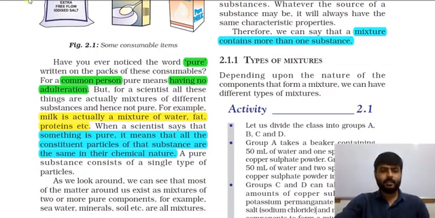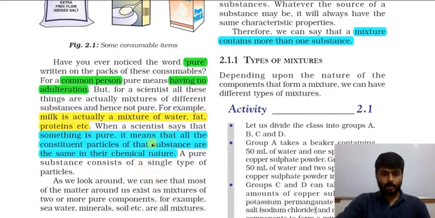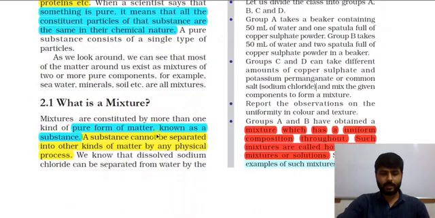We have seen that milk is actually a mixture of water, fat and proteins. Pure is something whose constituent particles are the same in chemical nature, substances that are the same in chemical nature.